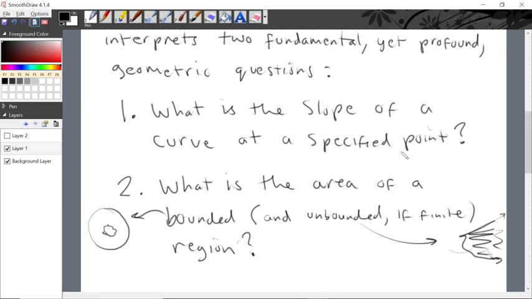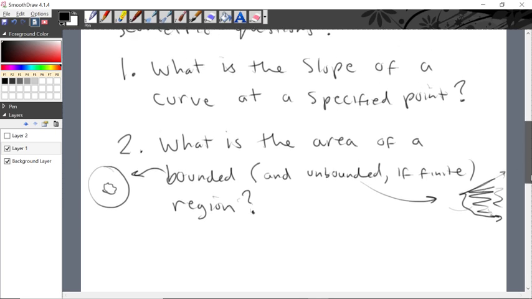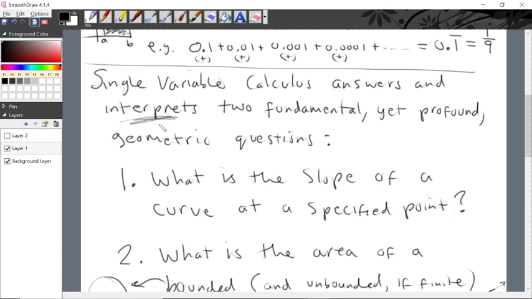What is the slope of a curve at a specified point? We want to interpret the answer to that question as well. Not just that this is the slope of a line, but how do you interpret the slope within the context of that function? The first example we'll look at in an application sense, in the very first section of this book, deals with a distance function.